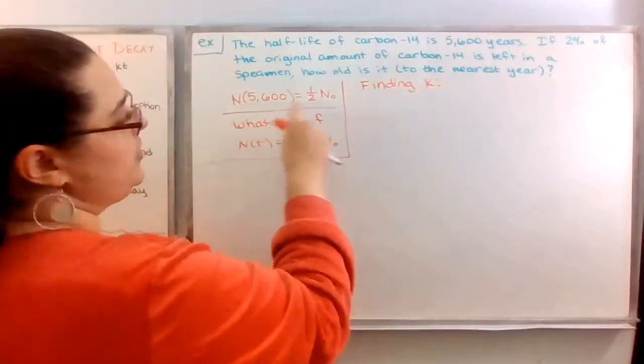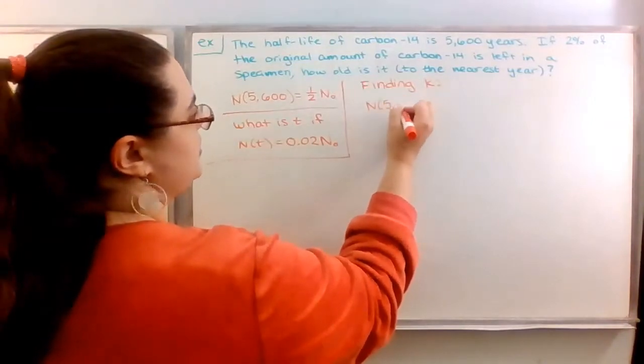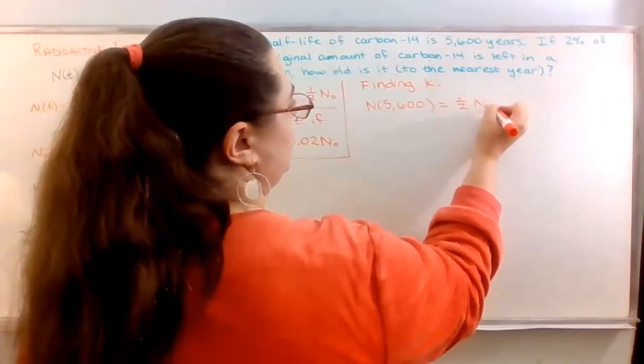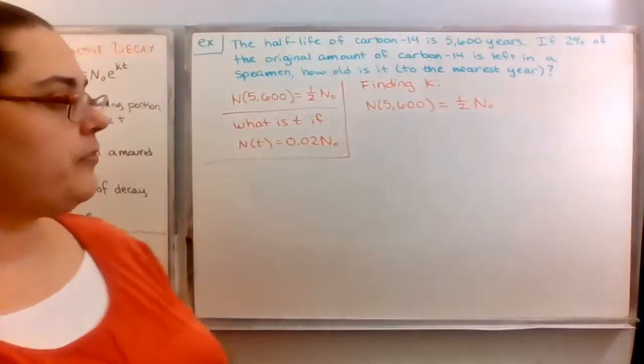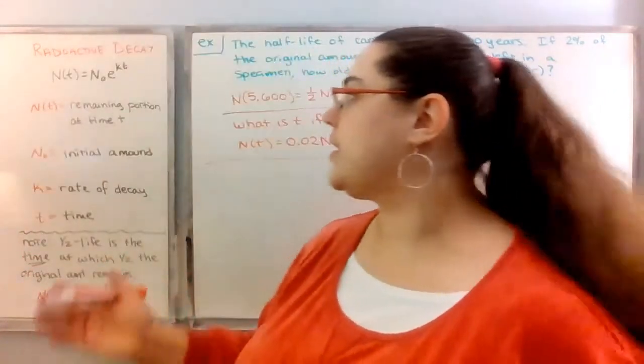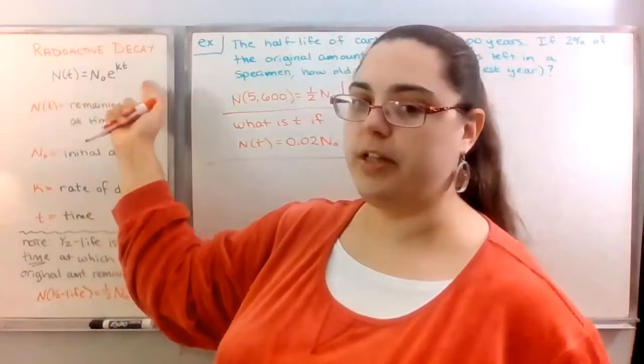So I'm going to start out with this relationship here. N of 5,600 is equal to half of my original value. Now, N of 5,600 means that I'm plugging in 5,600 for T into this formula.